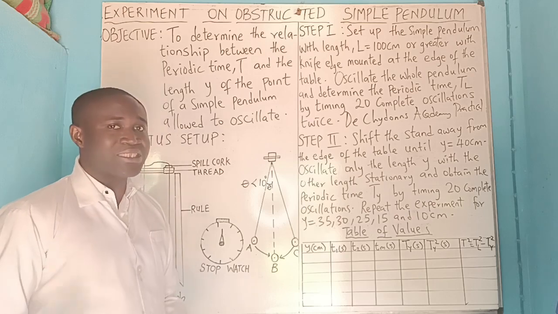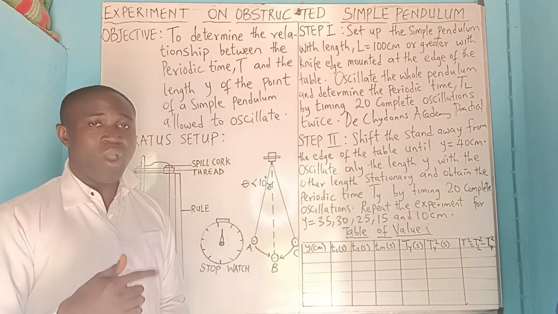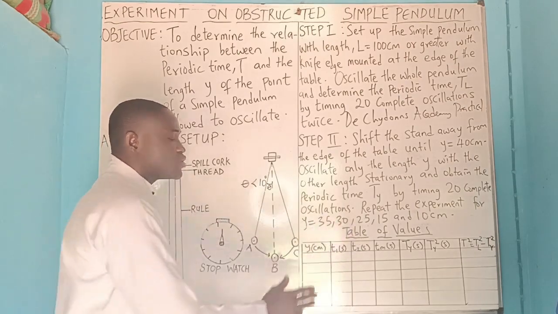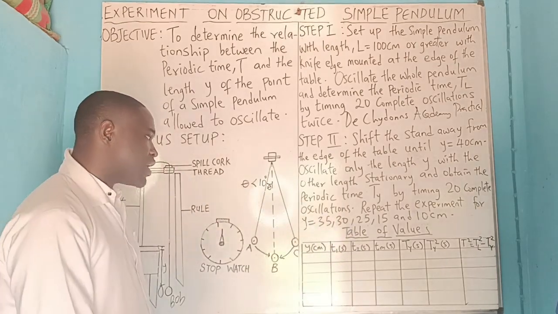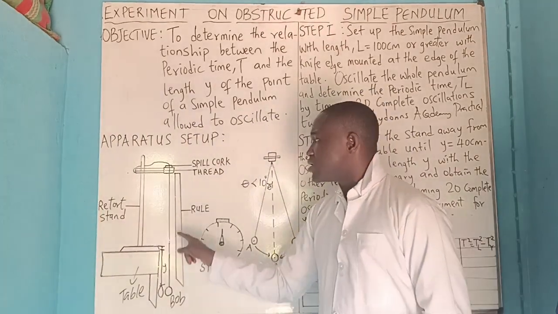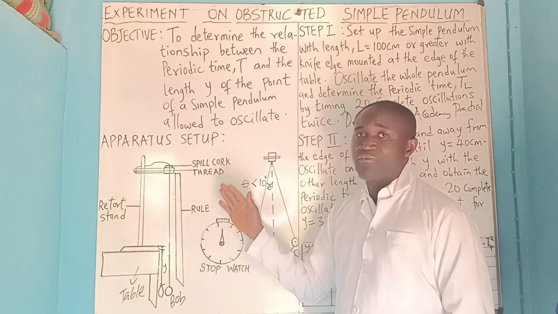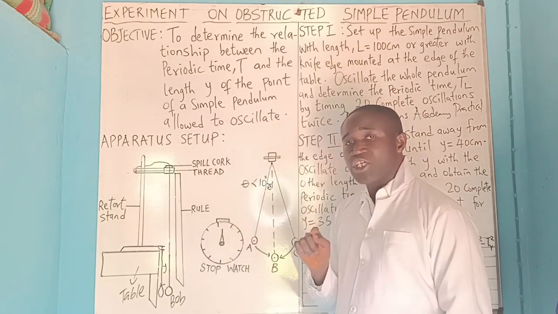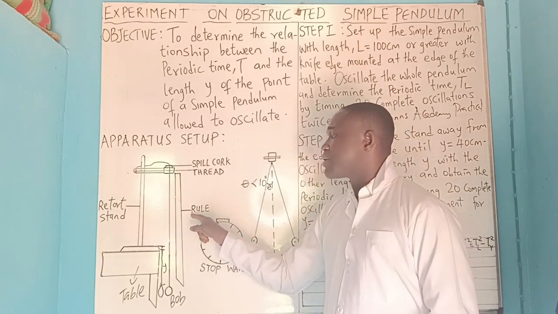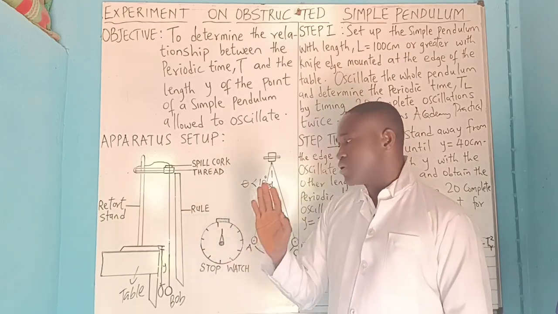Once the air is interfering in the experiment, it will affect the time you have to get for your result. Are you getting it? It will affect it. And you also have to note that a meter rule was used. So error due to parallax is also avoided by making sure that I take my reading vertically downwards from the meter rule. You note that one.